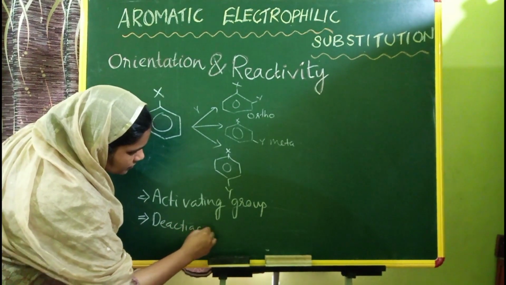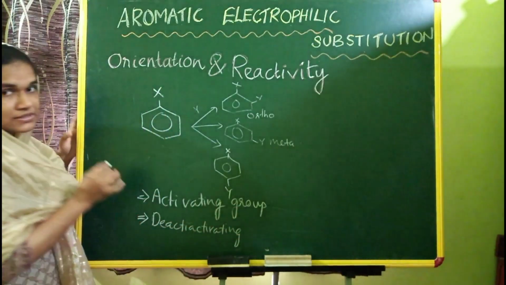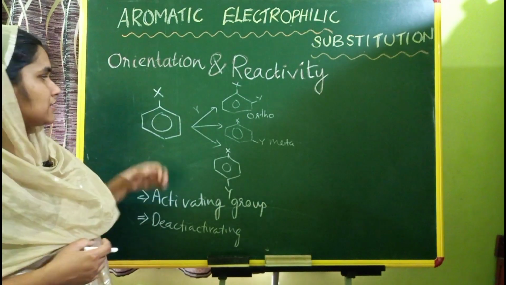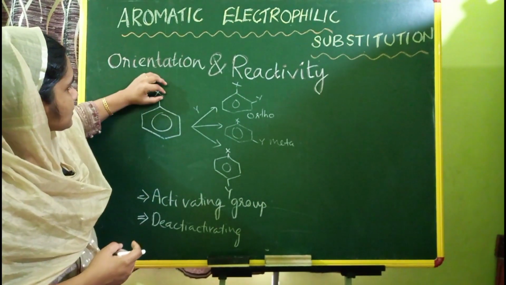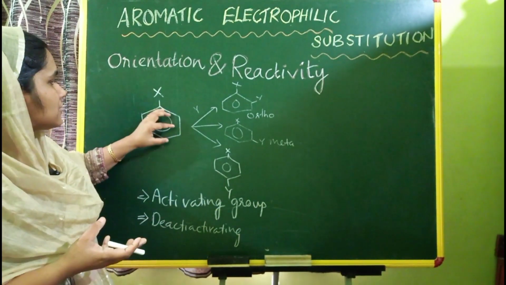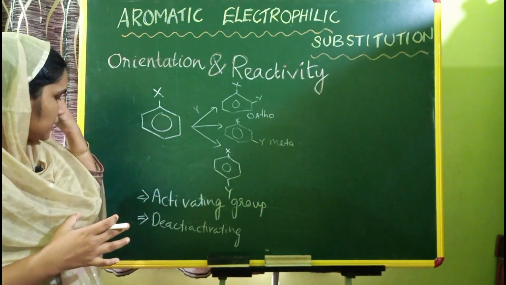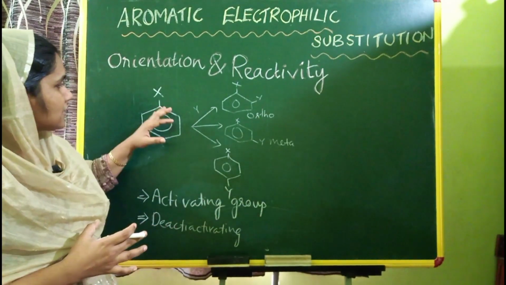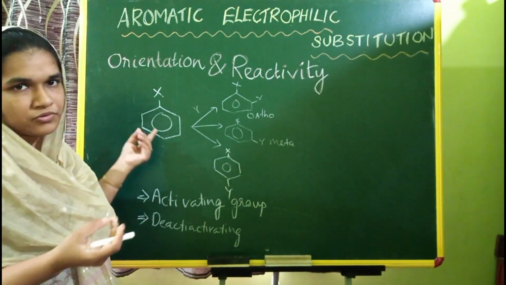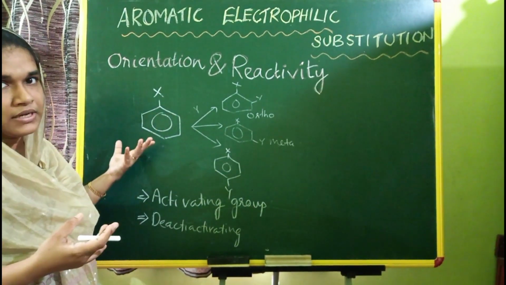Deactivating groups are groups which decrease the reactivity of the benzene ring towards substitution. That is, if the existing group pulls out the electrons of this benzene ring, such groups deactivate the ring. It will be very difficult for an electrophile to approach if the electron density is less compared to the earlier case.